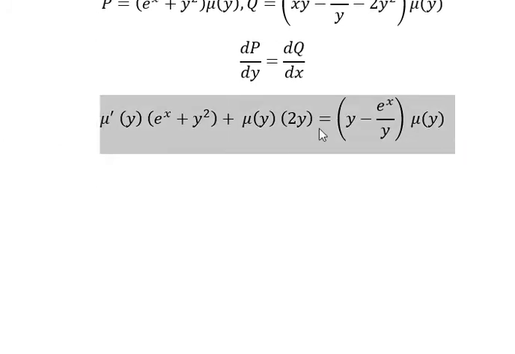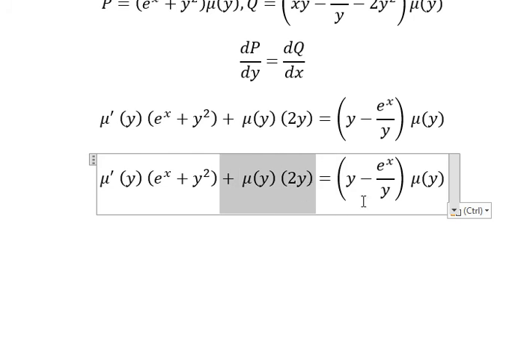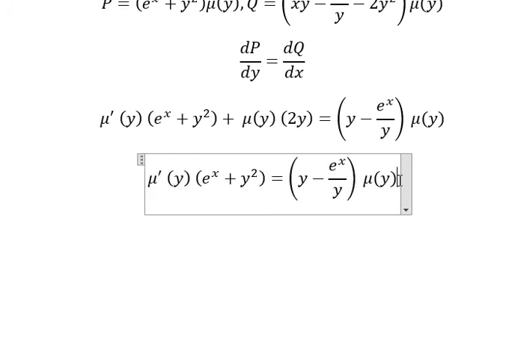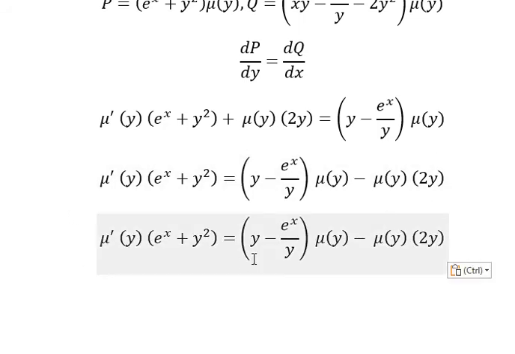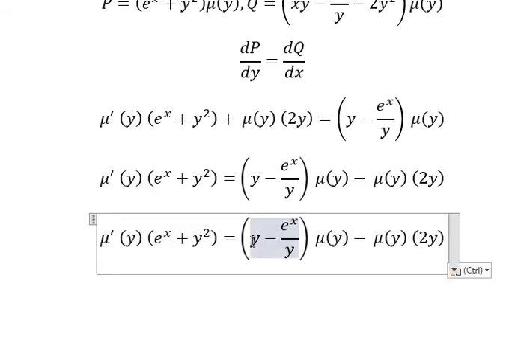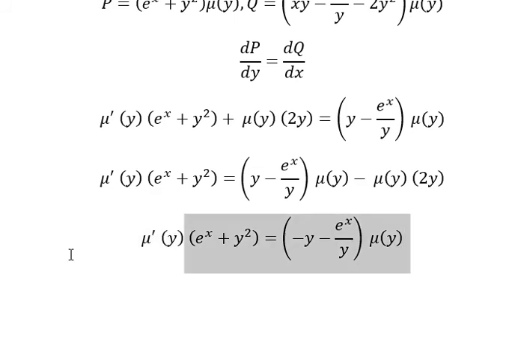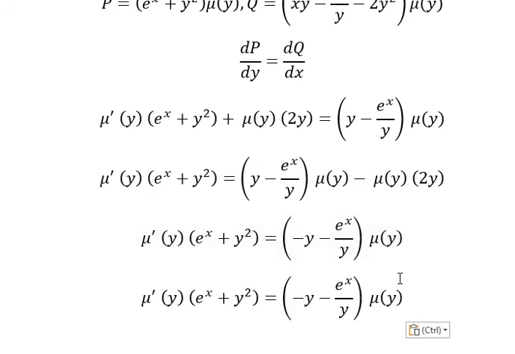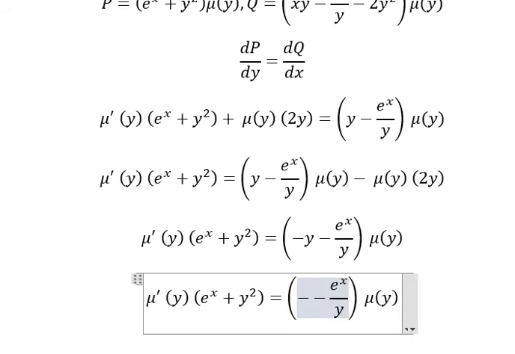Now, I will put this one go to the right. So we have y minus 2y. We have negative y in here. So this one we can do about common denominator.